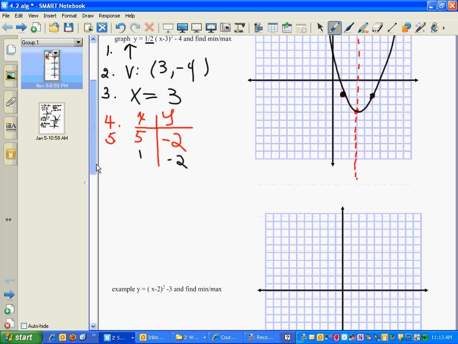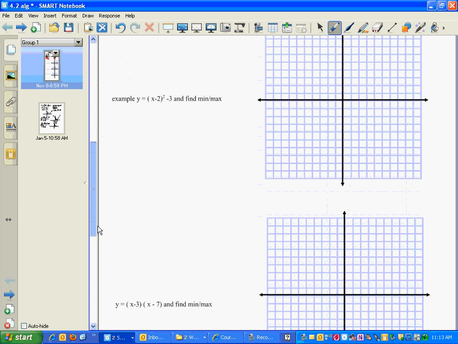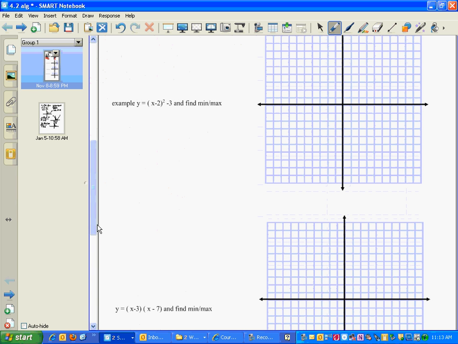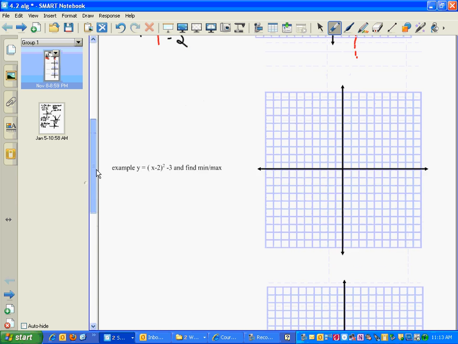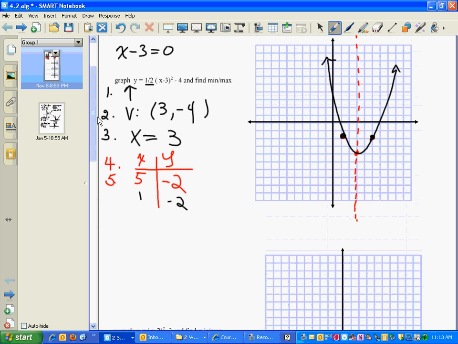All right. Are we comfortable with this one? Yeah. All right. I'd like you to try this next one. No, I forgot. But what is the min or the max? What is this one? Minimum. And what is the value? It's the min or the max is determined by the y value of your vertex.